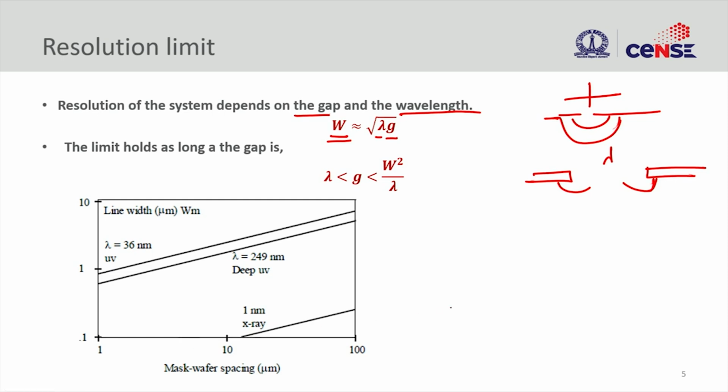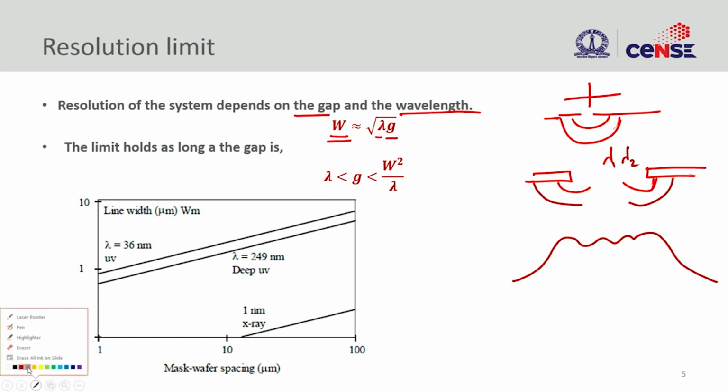So, this is for lambda 1, let us say for lambda 2, I will see a larger diffraction. So, for a larger diffraction, your image is going to look something like this, and if you choose a shorter wavelength, right, a smaller wavelength, then your image will look something like this.